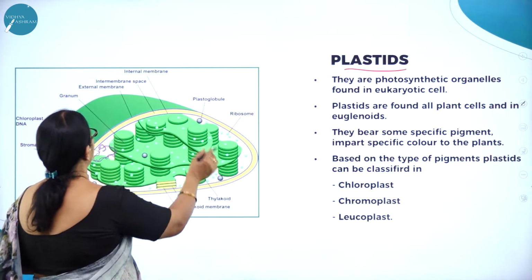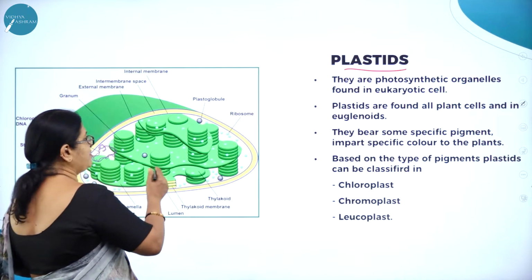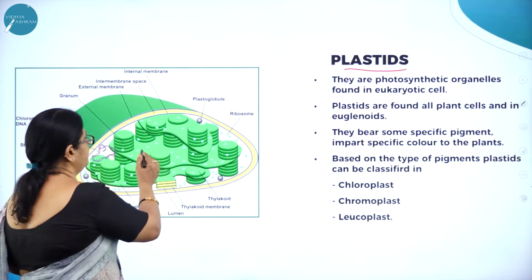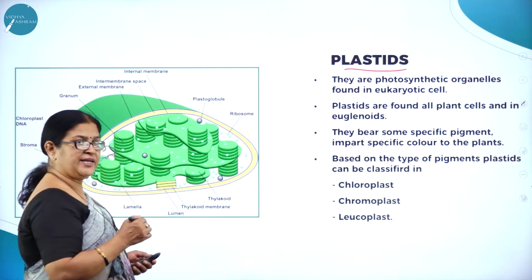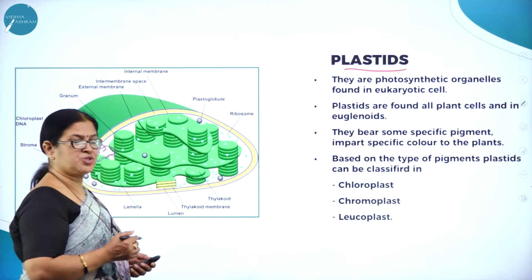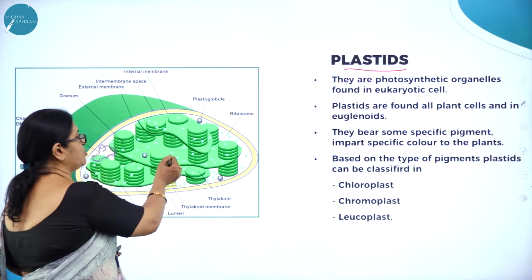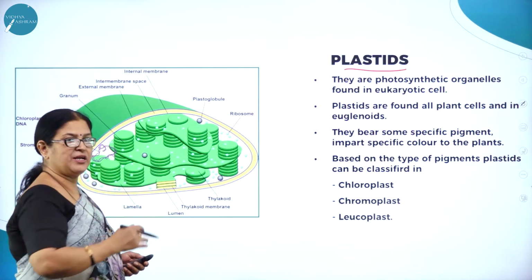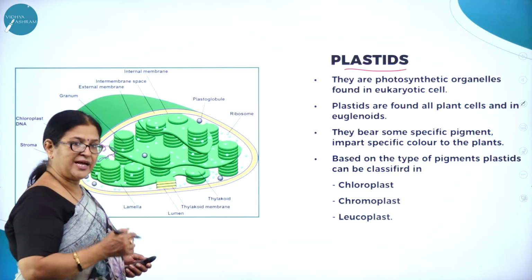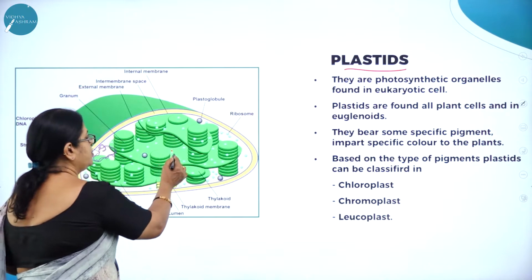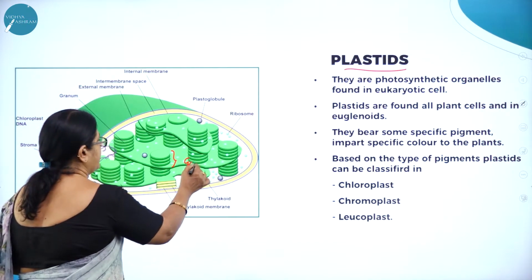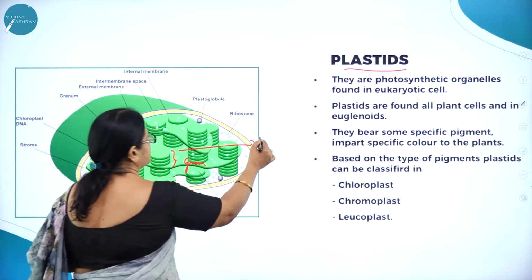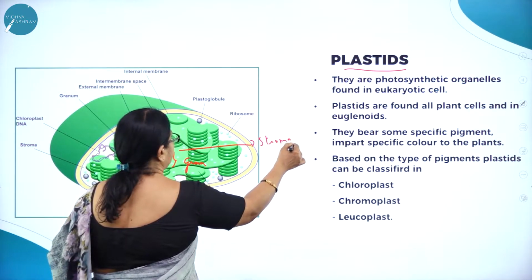You can see it is a double membrane structure having thylakoid, and the inner content of the chloroplast is called stroma. Here you can see the coin-like structures piled up one above the other. They are called thylakoids, and this unit is called grana, and the inner part is called stroma.